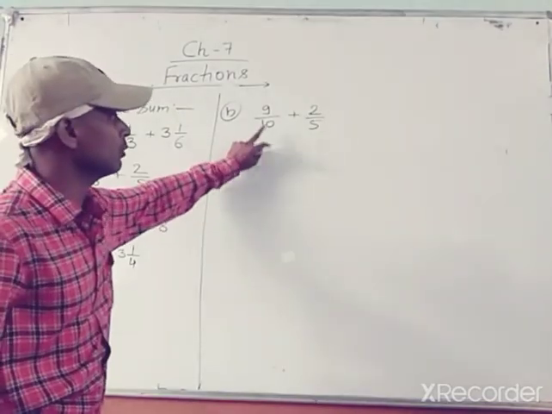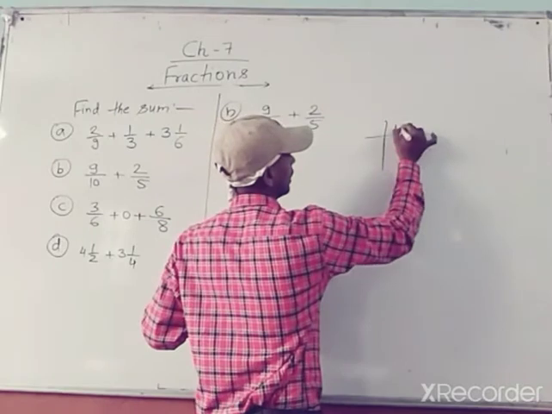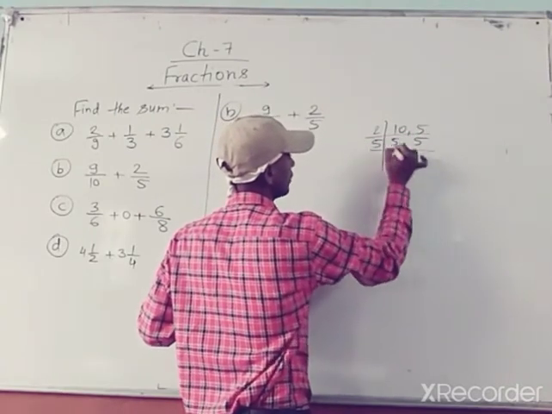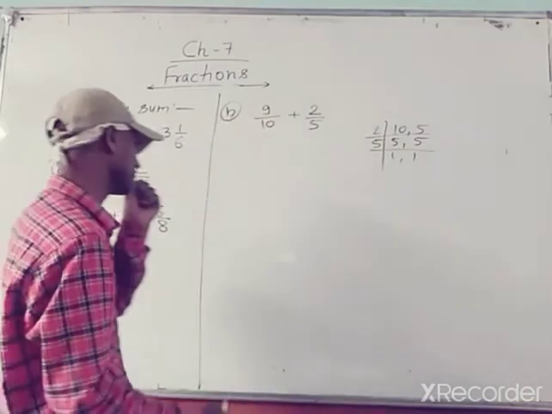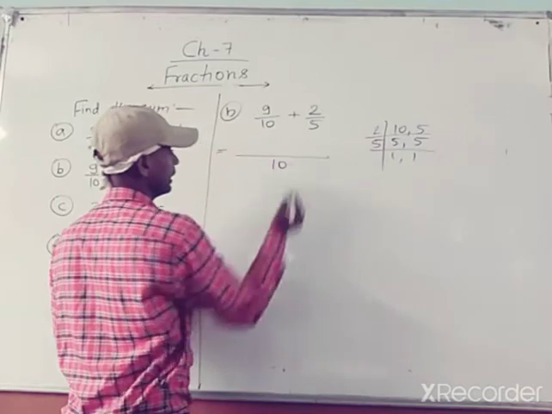Find the LCM of 10 and 5. 2 5s are 10, 5 as it is, 5 is 5, 5 is 5. Now the LCM is 5 2s, that is 10.